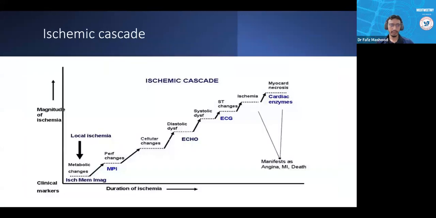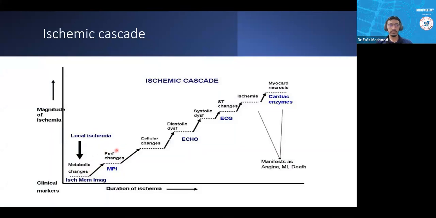Okay. So secondly is to know, at least briefly, the ischemic cascade. So at least we know where each of the tests is located in the ischemia progression. So we start with metabolic changes here, right? Then after local ischemia, there will be perfusion changes.